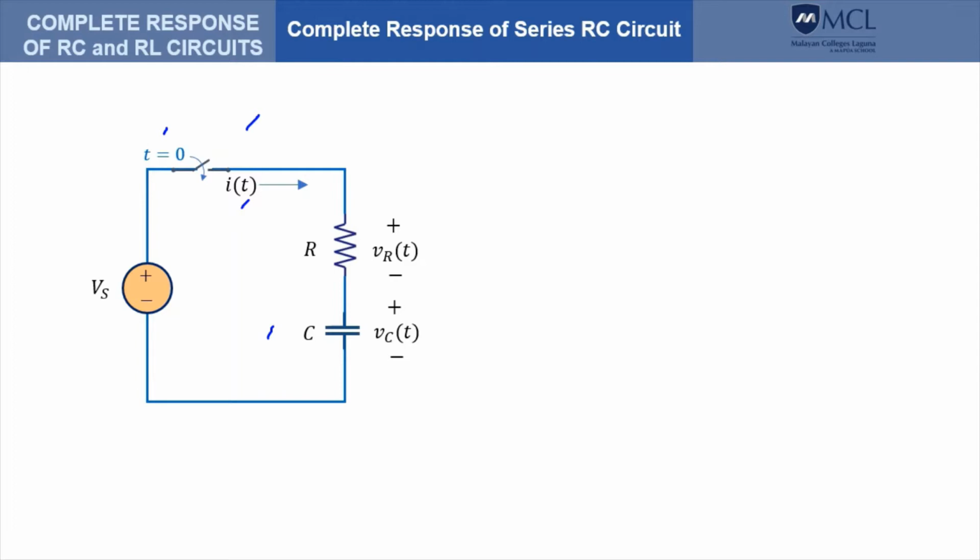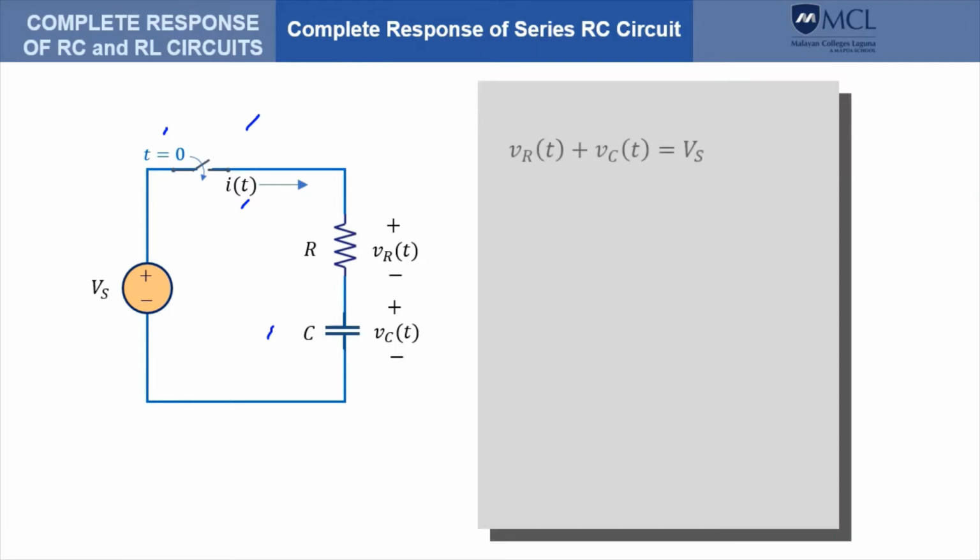To solve this voltage, we still apply Kirchhoff's laws. Since this is a single loop, we don't need the KCL. So here we perform a KVL around the loop. This is our KVL equation: the sum of the voltages is equal to 0.